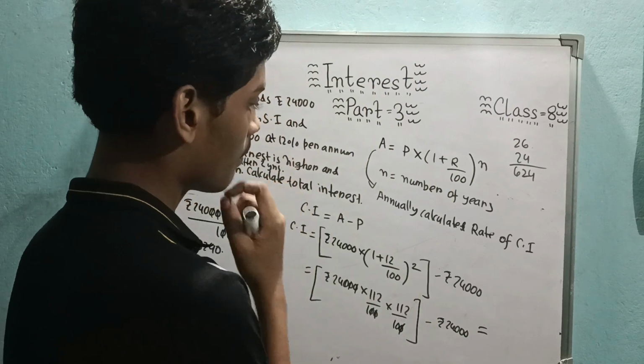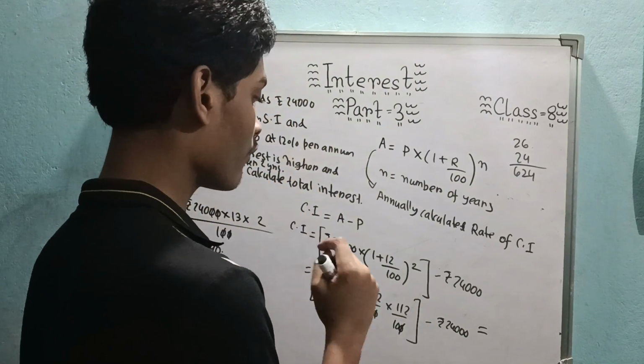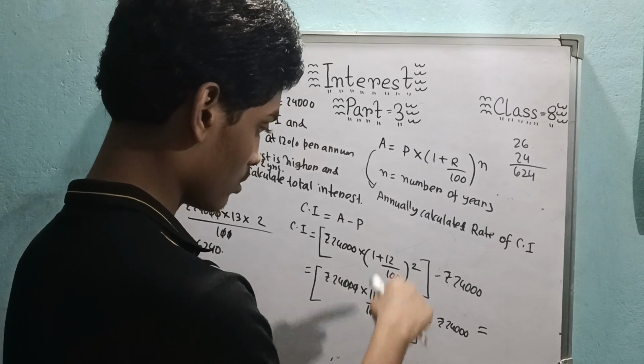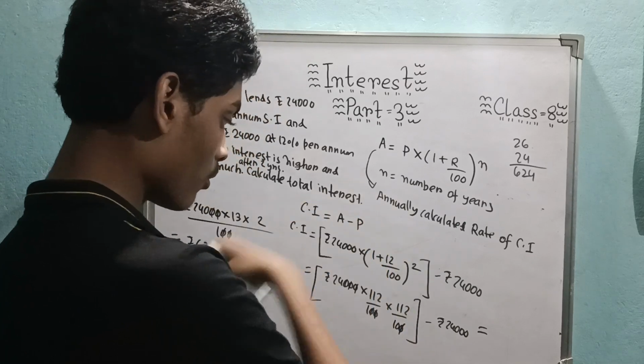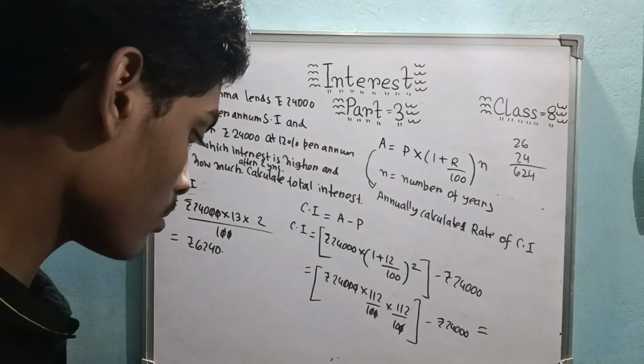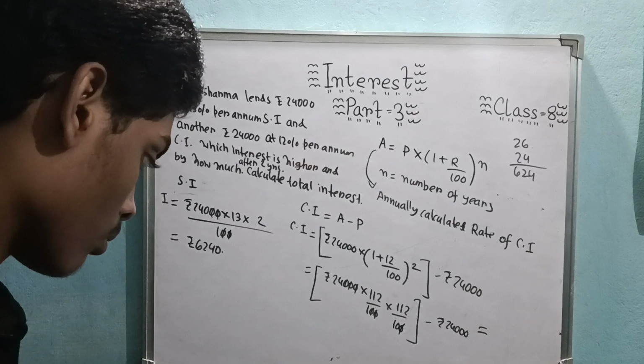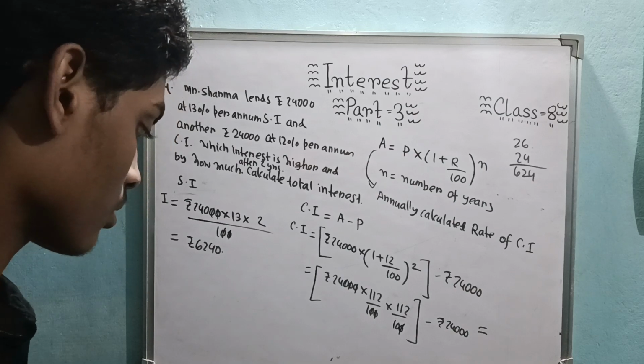112 by 100, 112 by 100. 0 gone. Another 0, another 0 gone. So 24 into 112 into 112 divided by 10, this one minus 24,000.